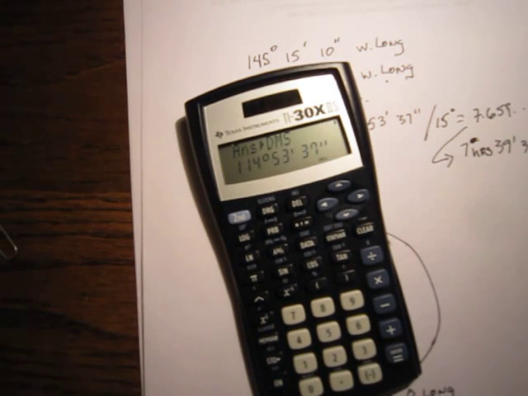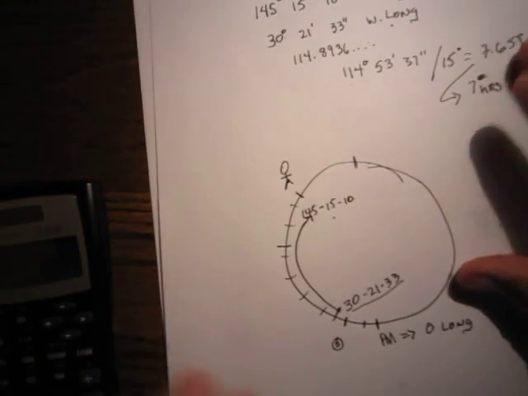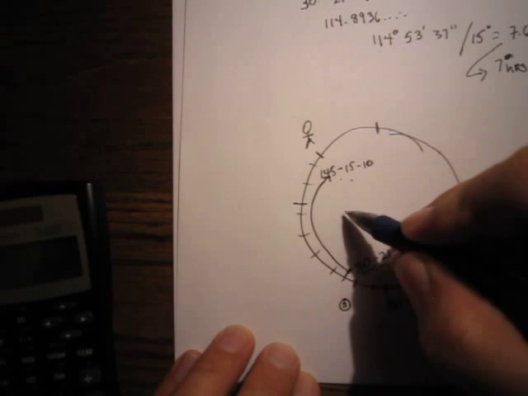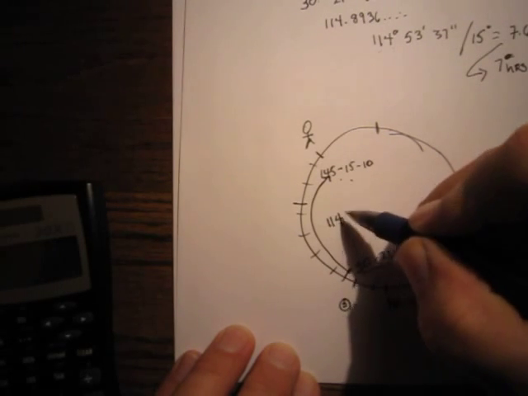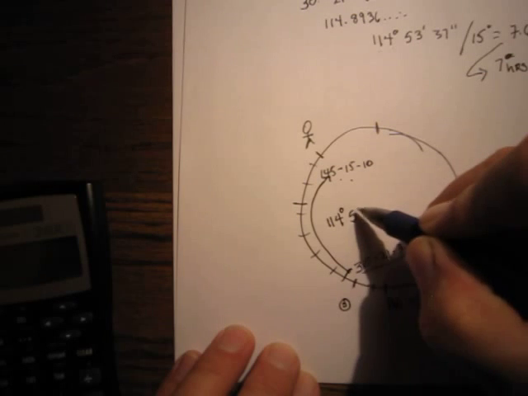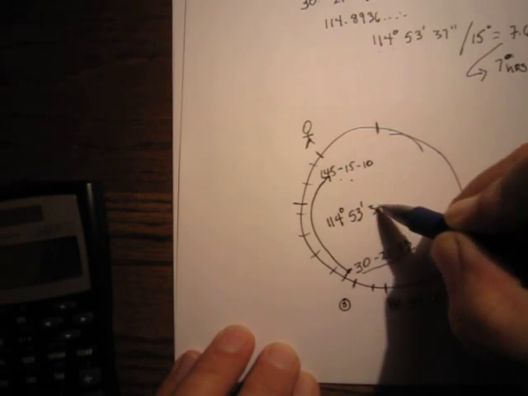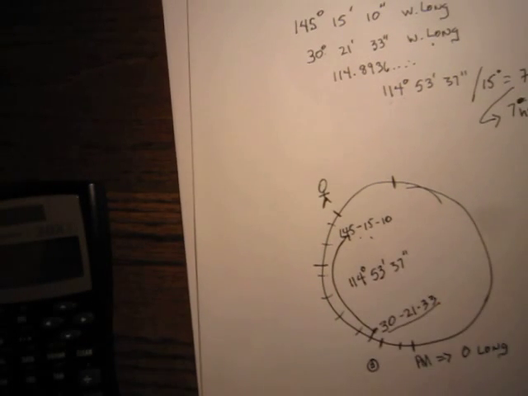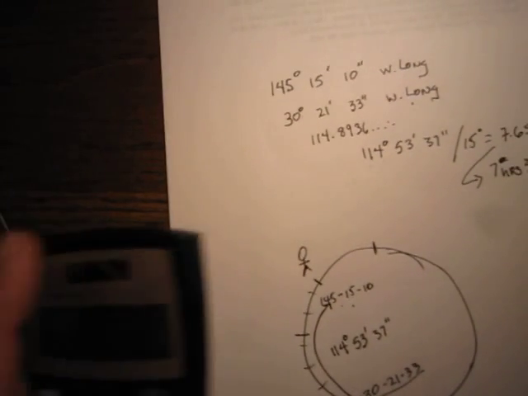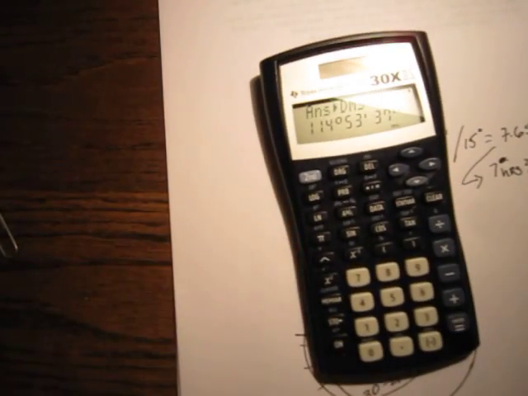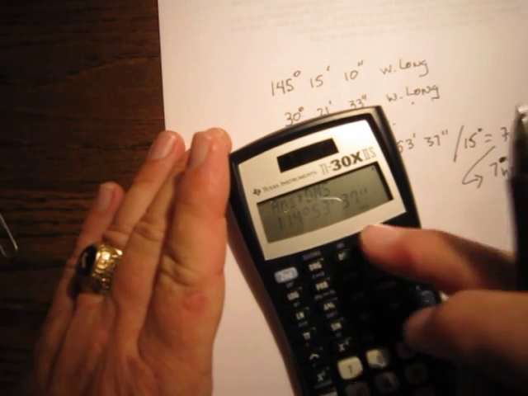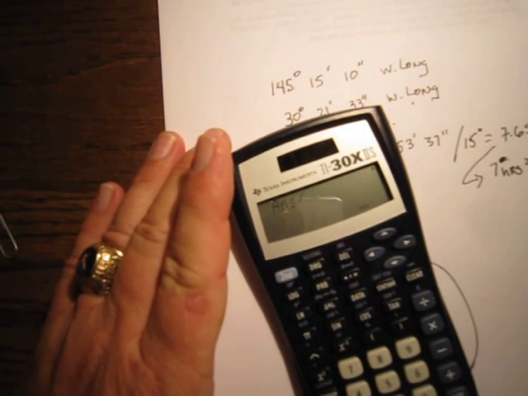Now that's the distance in degrees between the sun and us. This is 114, 53, 37. Now how long is it going to take the sun to travel up to us? We know it goes at 15 degrees an hour. So we're going to divide this answer by 15 degrees.